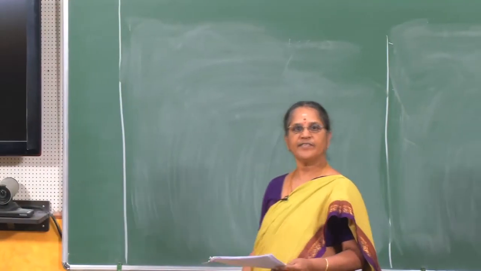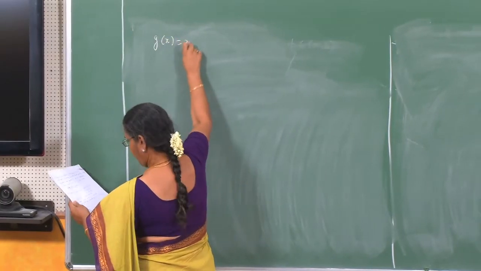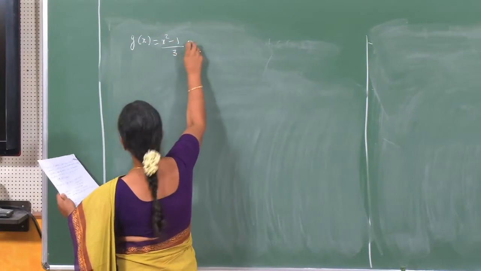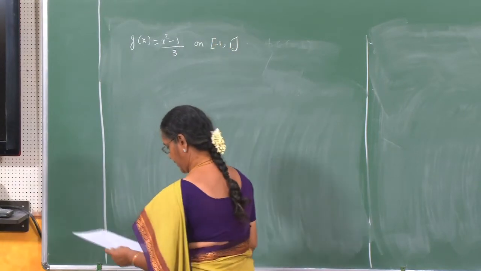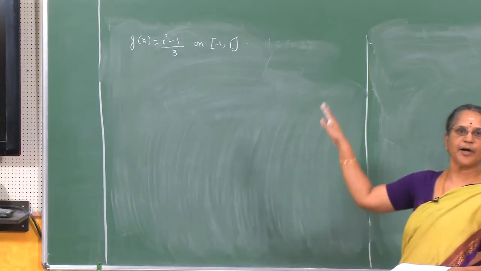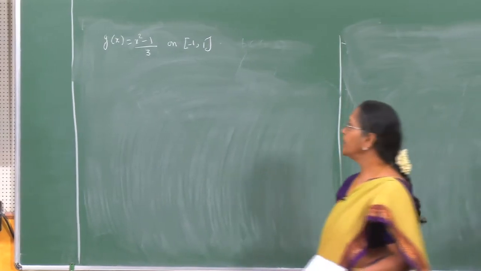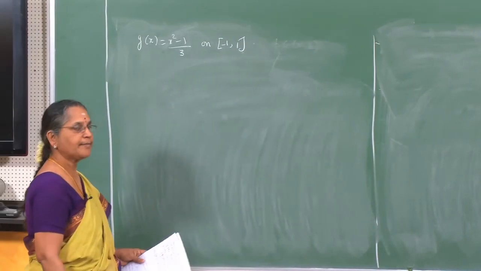So, consider the function g of x given by x square minus 1 by 3 on the interval minus 1 to 1. Let us try to determine the fixed points of this function which belong to the interval minus 1 to 1.